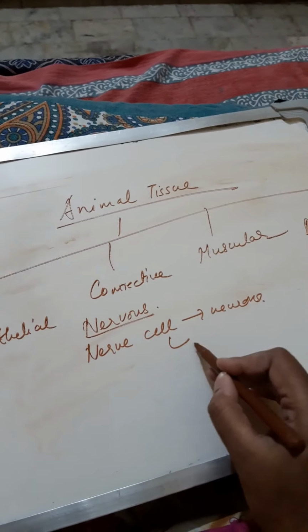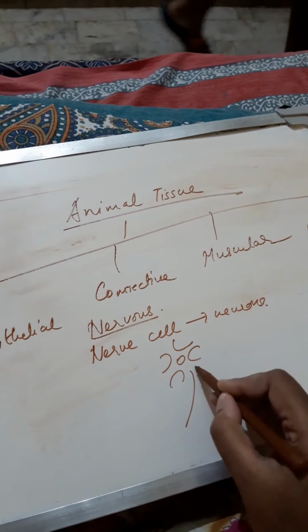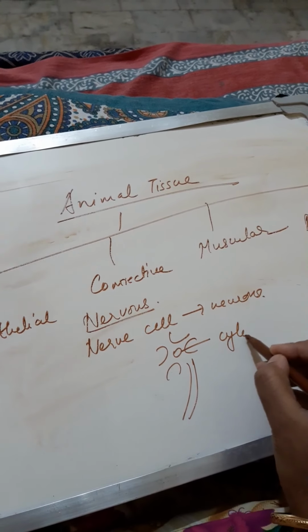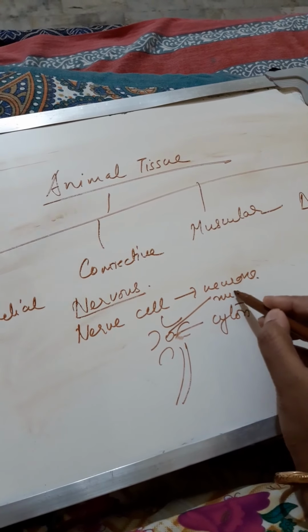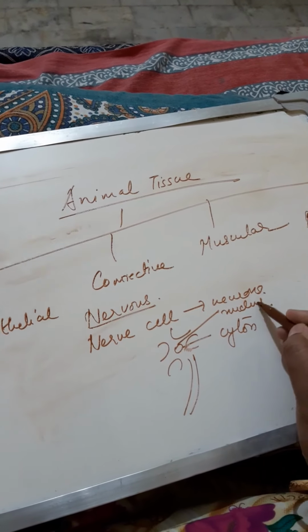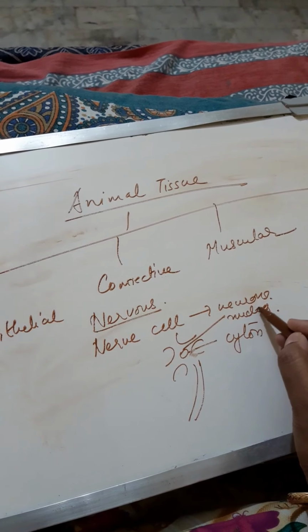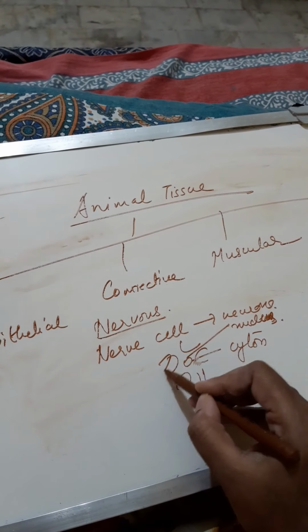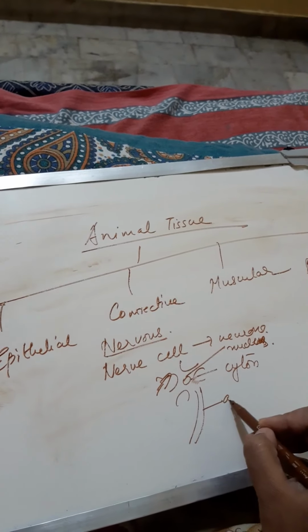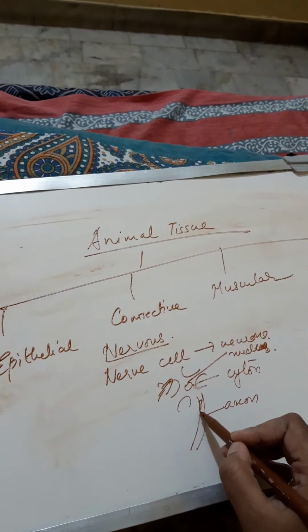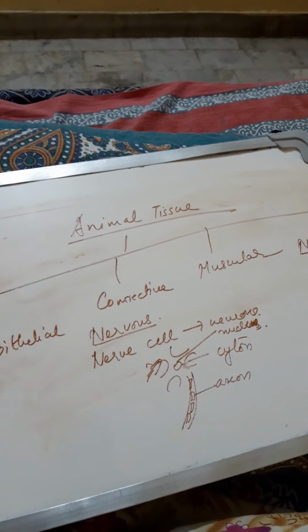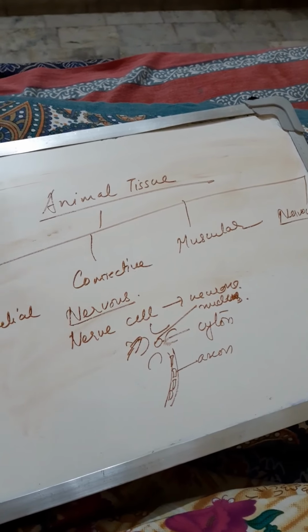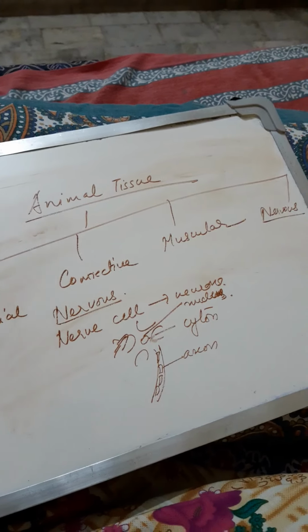The structure of the nerve cell has a cell body called the cyton. Inside the cyton, we have a nucleus. Then we have projections called dendrites and dendrons, and one projection called the axon, and in between we have the neurolemma, covered with the myelin sheath. We have discussed all this.